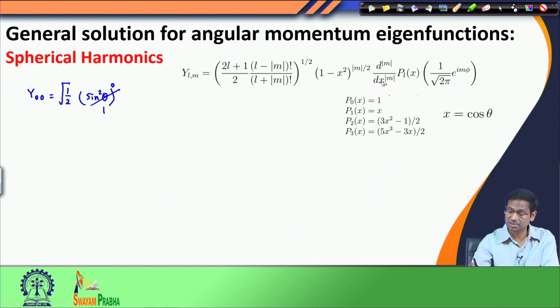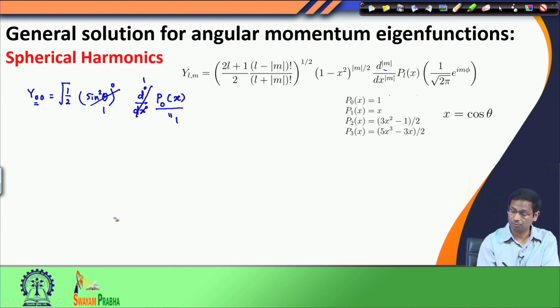Now, I have to differentiate this Legendre polynomial of order L. What is L here? Since L is 0, I will have to write down P 0 x, and then differentiate it how many times? Actually 0 times. So, this is d to the power m, differentiating 0 times, so its action is nothing, it is 1. I am left with P 0 x, and the 0th order polynomial is again 1.